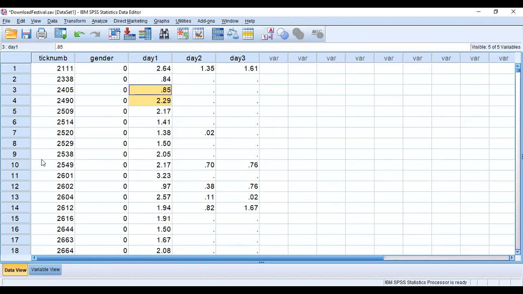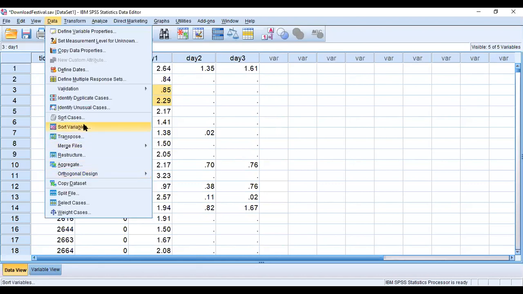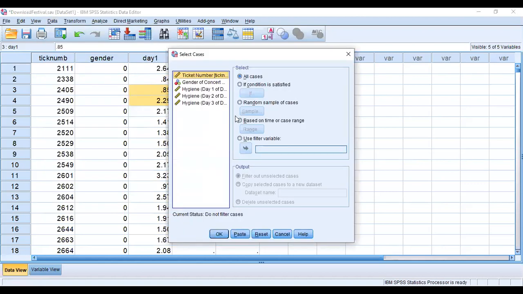So we go to Data, and then Sort Cases, we will find that particular variable. We will identify Select Cases. This is Select Cases. This is my element. I will identify that person.